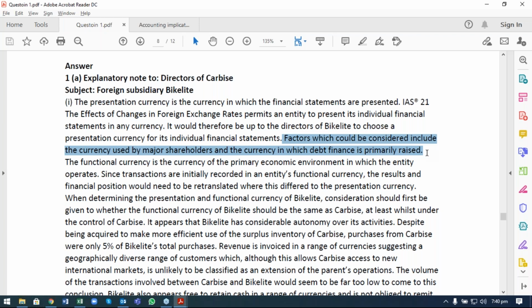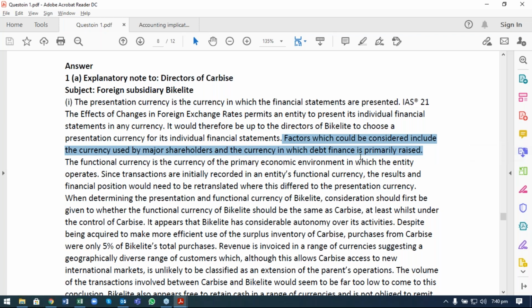So the company which is located in the UK, and most of its shareholders, like 90% of the shareholders, are from the UK, and those shareholders have provided the funds in UK pounds. So the company is required, by default, to present its financial statements in UK pounds rather than in dollars.